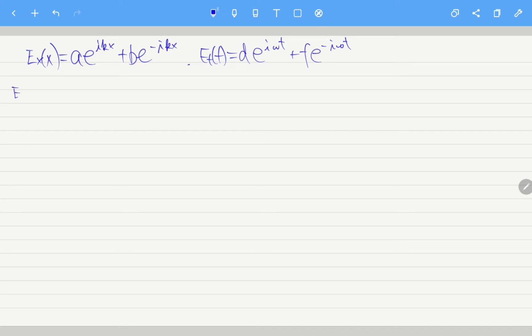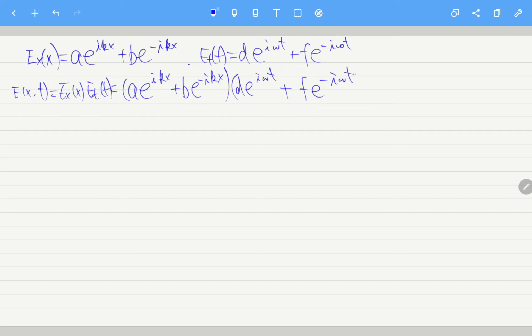So E of x,t should be X of x times T of t. So it looks like a exponential to jkx plus b exponential to negative jkx, times d exponential to j omega t plus f exponential to negative j omega t.